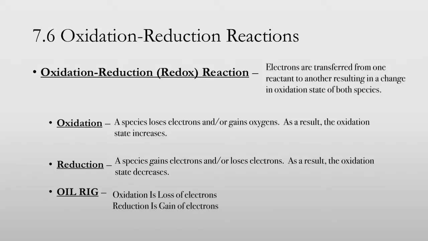Section 6 of Chapter 7 is oxidation-reduction reactions, which can be shortened to just say redox reactions. But in these reactions, electrons are transferred from one reactant to another, resulting in a change in oxidation state of both species. Now, the reason we call it oxidation and not something to do with electrons is because when they were first studying these types of reactions, they noticed that there were oxygen atoms going from one species to another all the time.